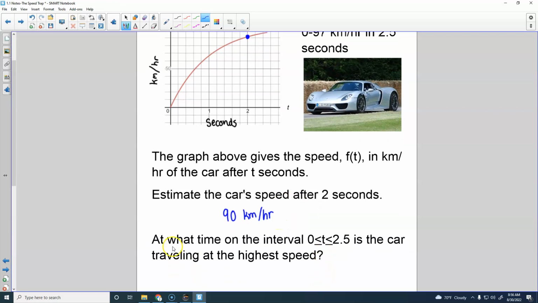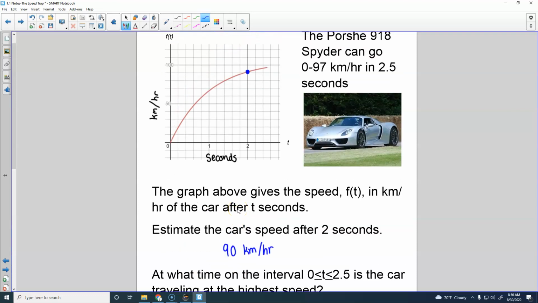So, at what time on the interval from 0 to 2.5 is the car traveling at the highest speed? What's the answer to that? 2.5? All right, why is that? Okay, very good. Now, again, my mind will say it's not steep there, so it's not going fast. But that's not true, right?